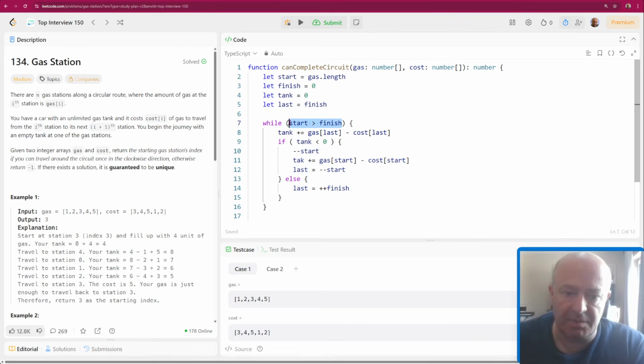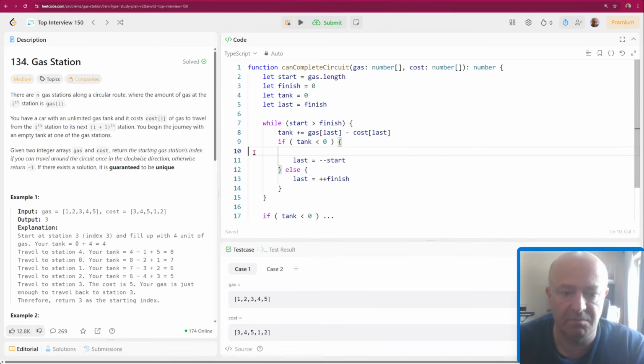Start was fine while we entered the loop, but because we changed the value of the start, now accessing this element could be problematic, right? So I do not want to do this accessing the array after I changed the index.